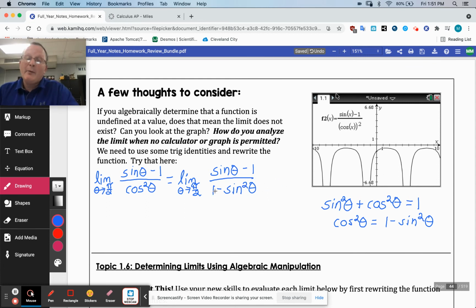That will factor as 1 plus sine theta and 1 minus sine theta, which then I can simplify. So that's our goal.